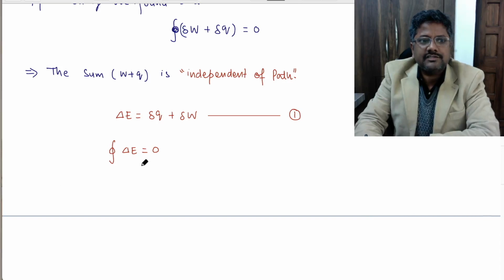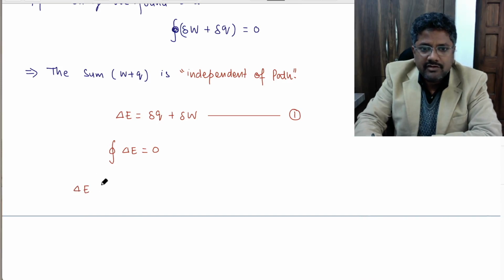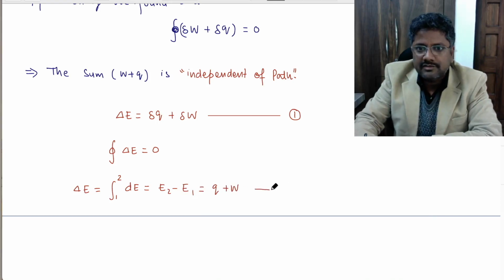So delta E is equal to the integral from 1 to 2 of dE, which is E2 minus E1, and this is equal to Q plus W. It does not depend on the path.